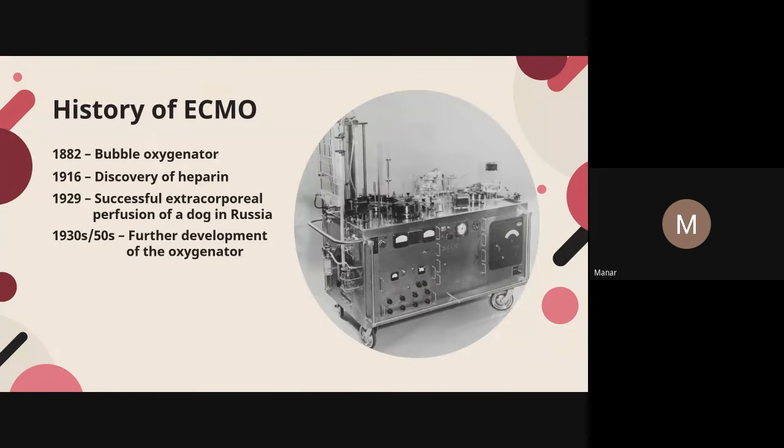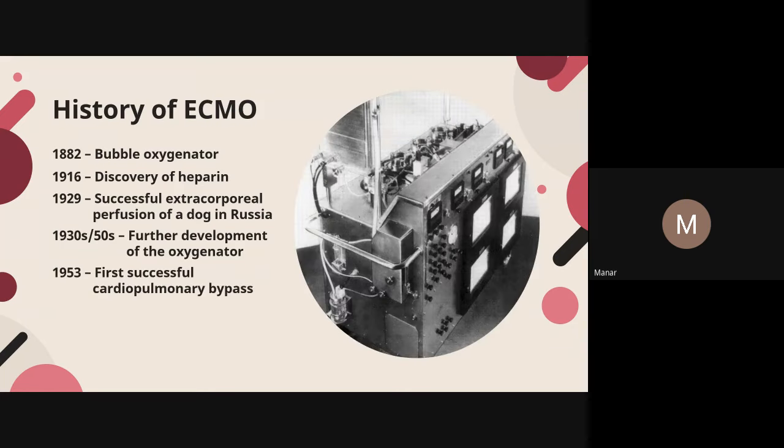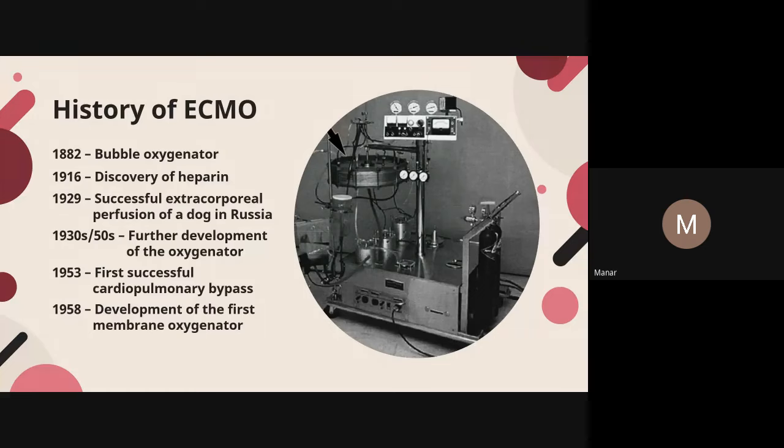In the 1930s and through the 50s, there were further developments of the oxygenator, such as the all-glass oxygenator. And in 1953, the first successful cardiopulmonary bypass machine was done. And in 1958, the development of the first membrane oxygenator, which we still use to this day.